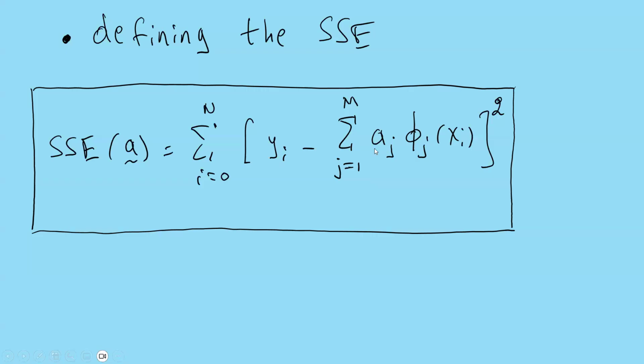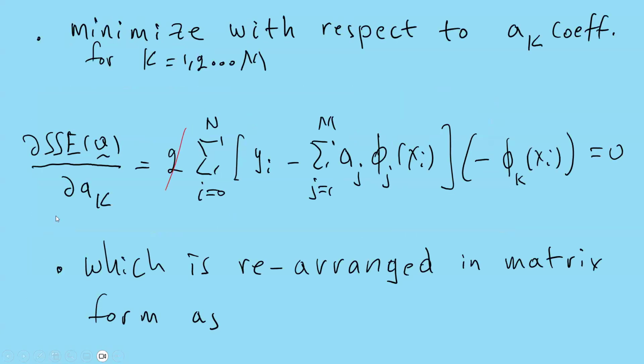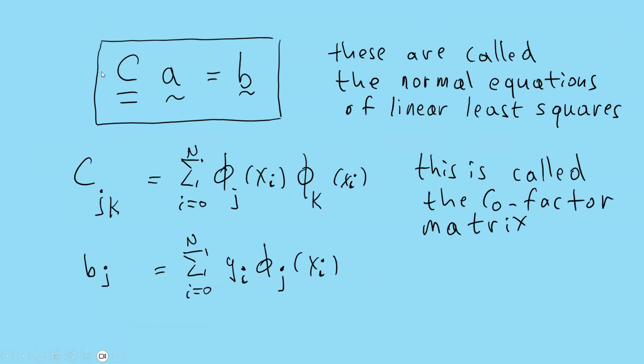But the point is that all of the coefficients a combine linearly together. Depending on how many coefficients we have, we minimize the SSE with respect to each of the coefficients, and then we rearrange in matrix format. This is the matrix, and each component of the matrix is found by these equations, and this is the right hand side of these equations.